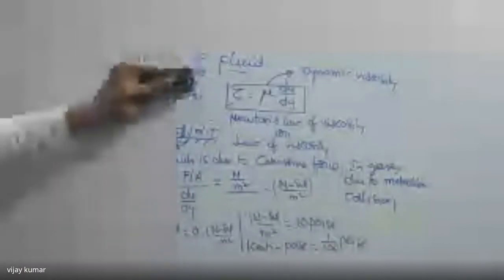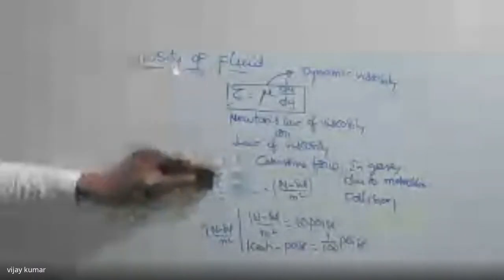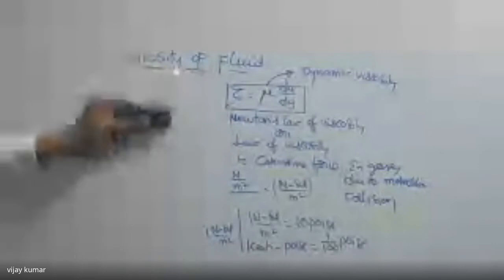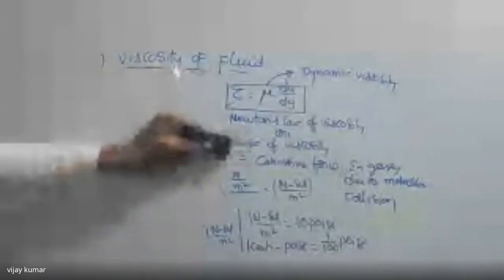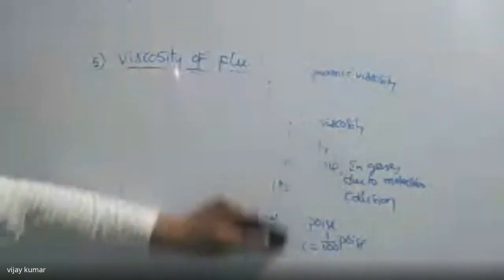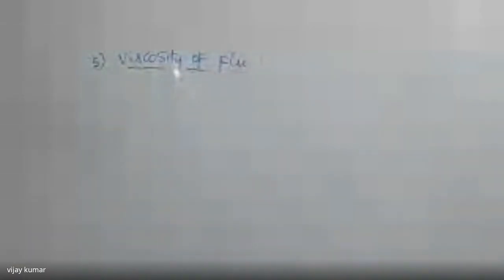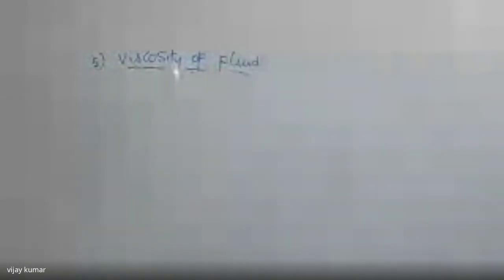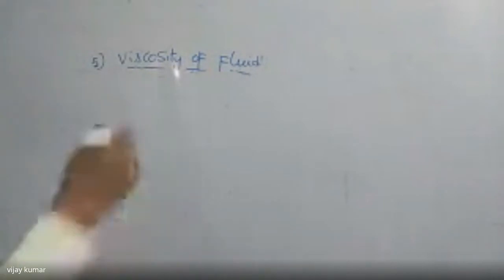Viscosity is the property which opposes the motion of a fluid layer which flows over the adjacent layer. That means it always reduces velocity, due to cohesive forces and also molecular momentum exchange or molecular collision.